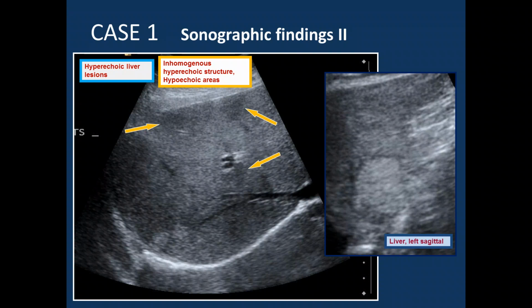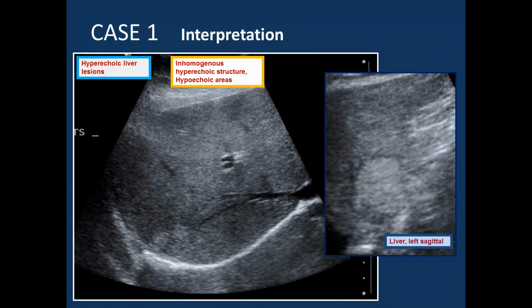You always need right-angled planes to define a lesion, and the hyperechoic lesions could be seen in sagittal and oblique views as well. So we have these two different things in one case, but this is not very rare because the fatty liver is a very common diagnosis, as well as these little rounds.